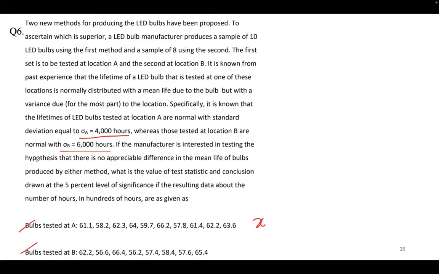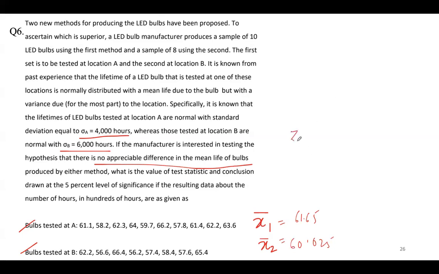The hypothesis is that there's no appreciable difference in the mean life. So we can calculate x1 bar and x2 bar. If you do calculate that, it's going to be 61.65, and the mean of this one is going to be 60.025.